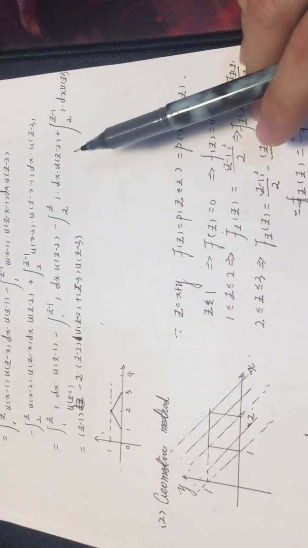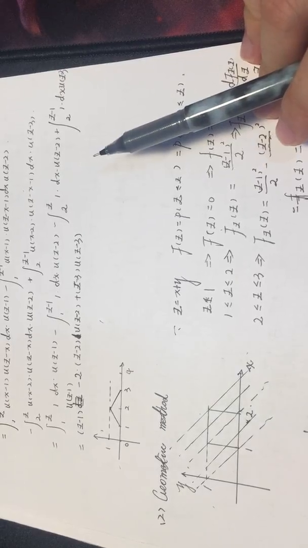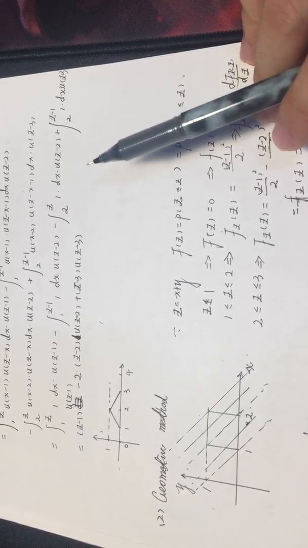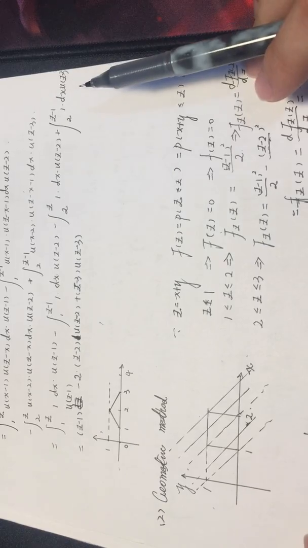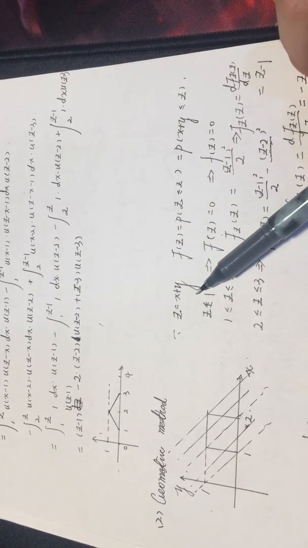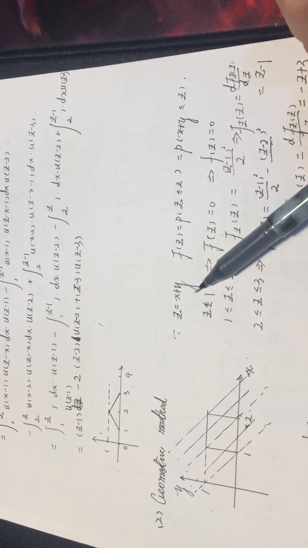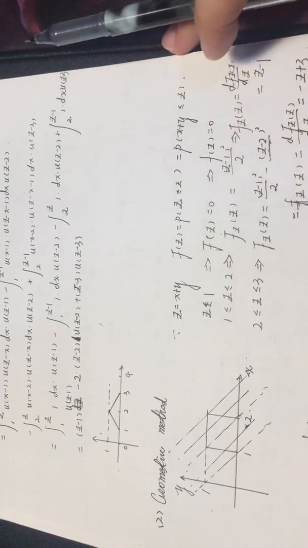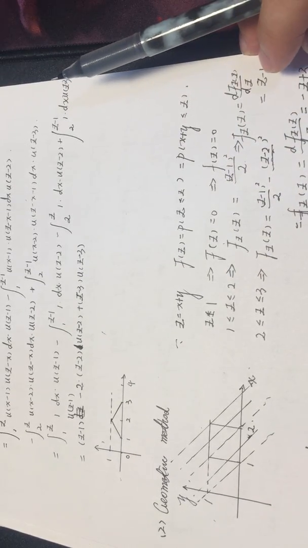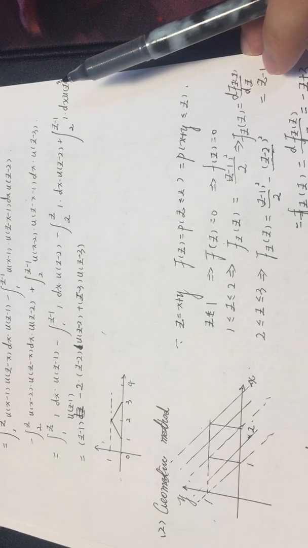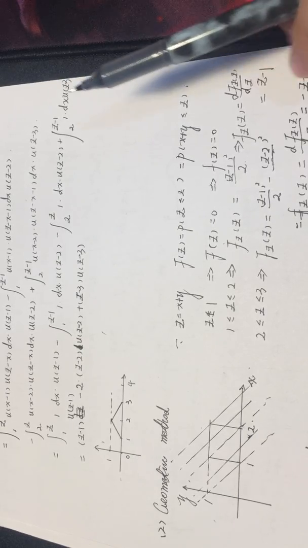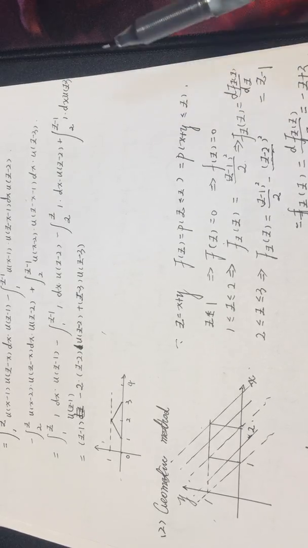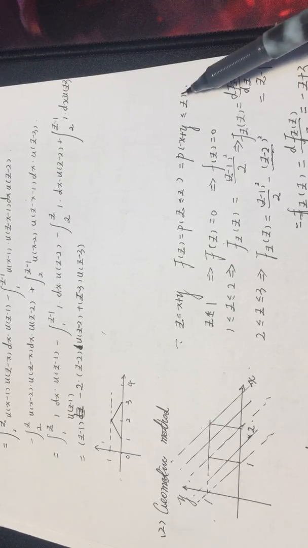In the second part, we are asked to calculate fZ by using the geometric method. In the same way, we know that z equals x plus y. So we are asked about the probability that x plus y is equal to or less than z.